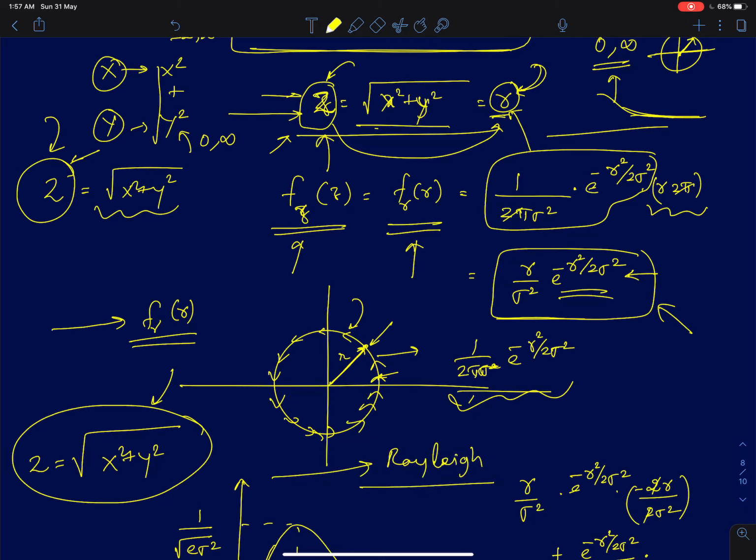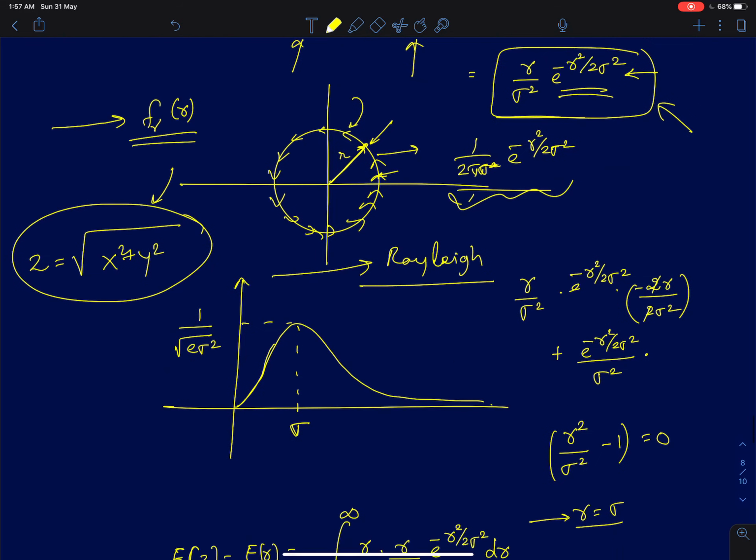This is definitely different from a Gaussian random variable because it starts at 0 and eventually, when r becomes infinity, it again goes to 0. Somewhere it is going to peak, and that maximum can be easily found by differentiating. You can see that it will be exactly at the sigma of the independent Gaussian random variables x and y, and the peak value will be 1 by root of e sigma square.